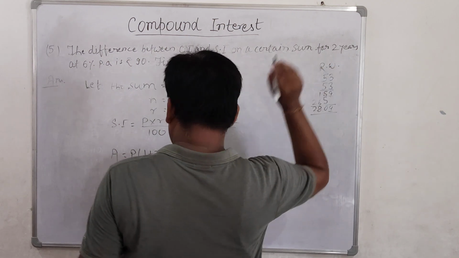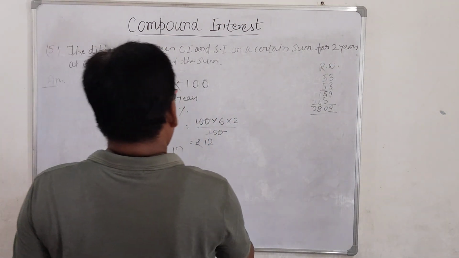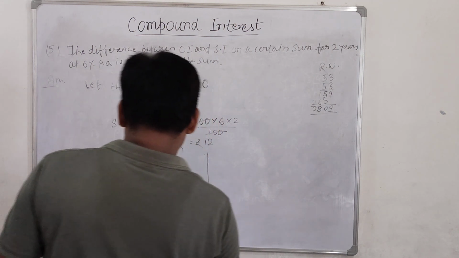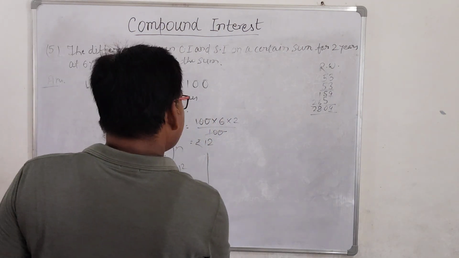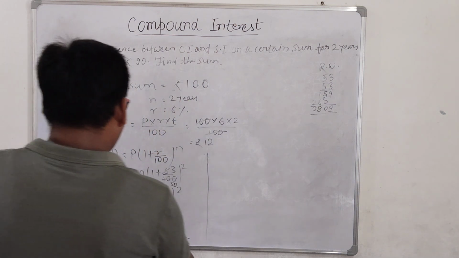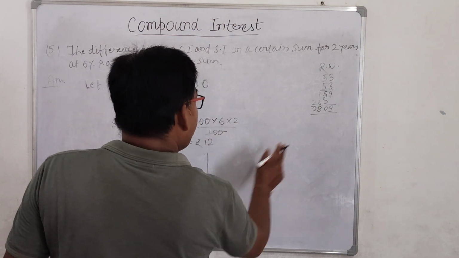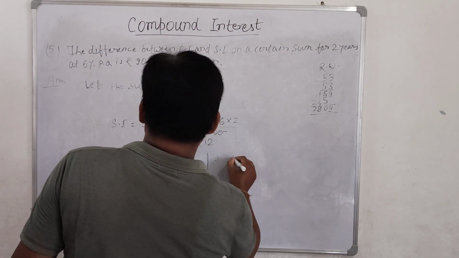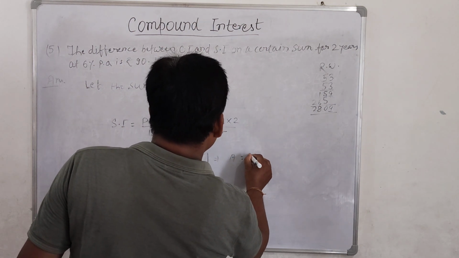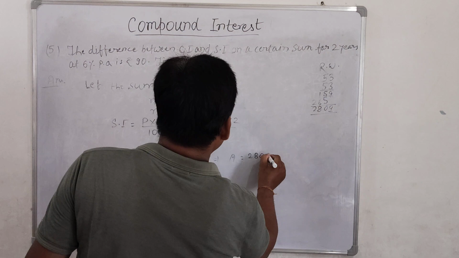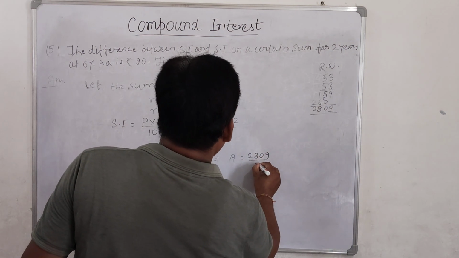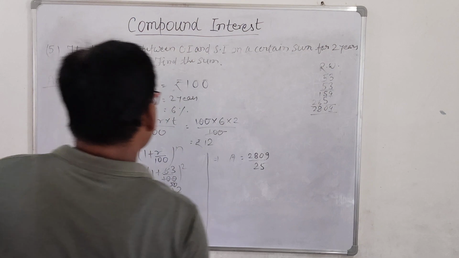Rough work. So the amount is equal to 2809 upon 25.